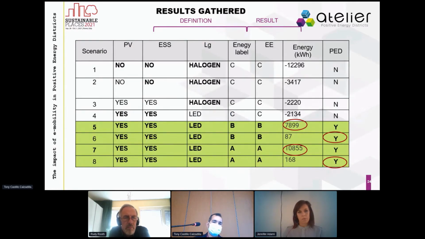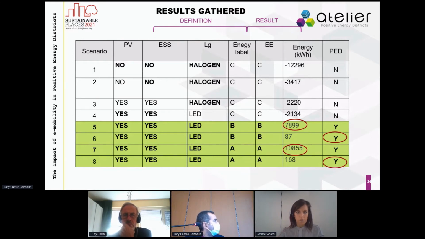These were: PV system included or not, energy storage system included or not in the simulation, light system, smart poles, because they not only give light, they are in charge of sensors for humidity, noise, and some other variables that we want to measure, or changing to LED.